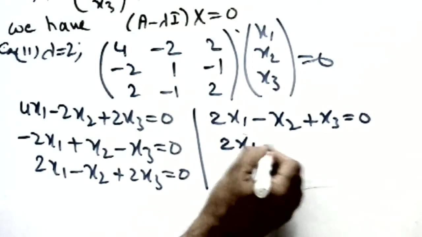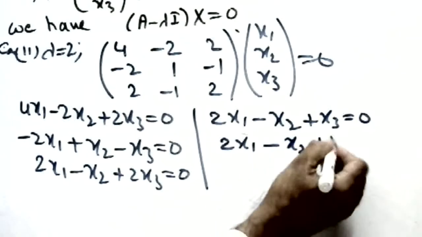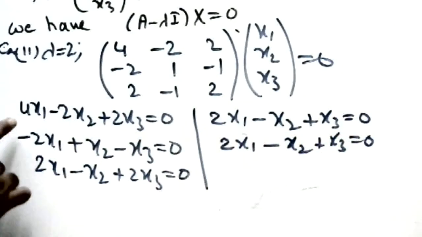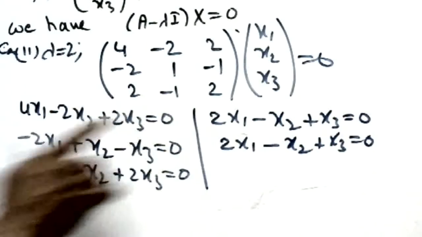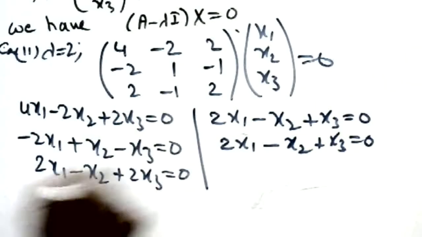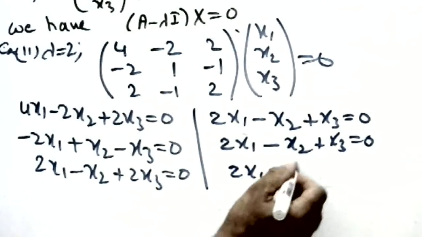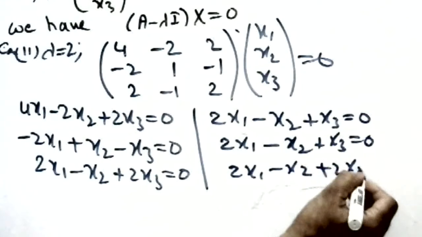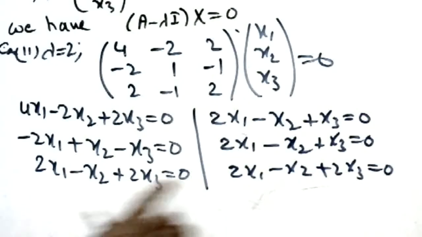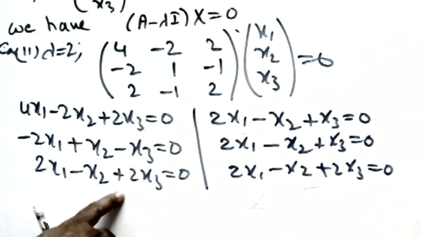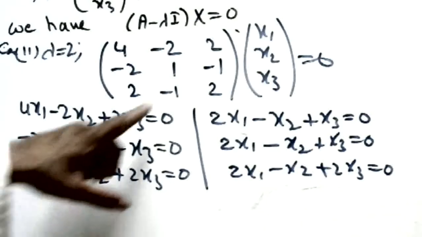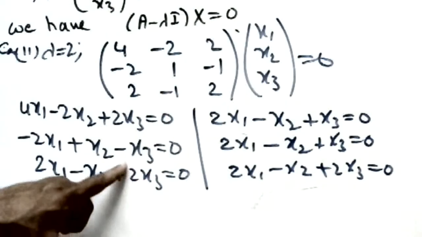This also, if you take minus common, 2x1 minus x2 plus x3 equals to 0. If you take 2 common here, this equation becomes this. If you take minus common, this one, and the third one write as it is. Now watch here, these three are the same equations. I made a mistake, I think.